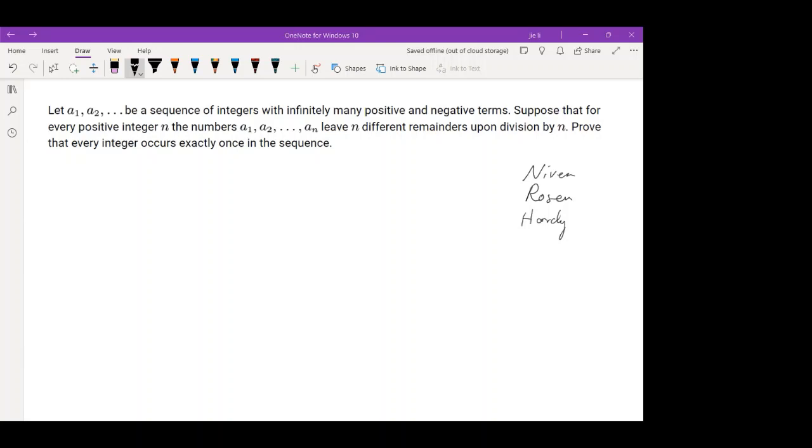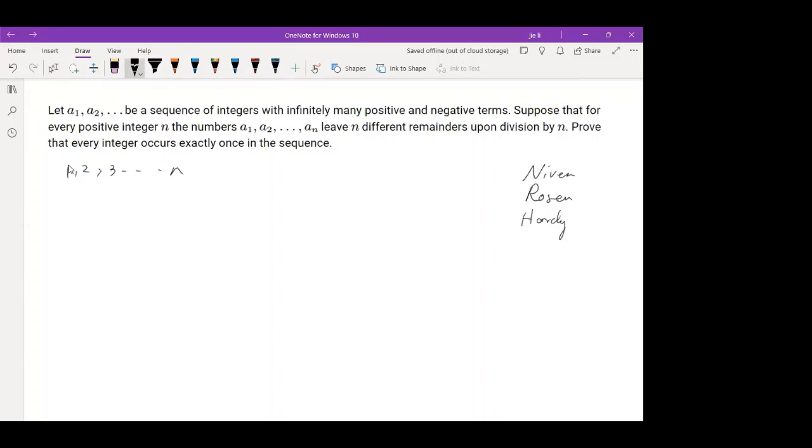Okay, so try to understand. If we have 1 to n, then definitely this one satisfies the requirement. The only issue is it does not have a positive number and a negative number, and you want infinite positive and infinite negative.